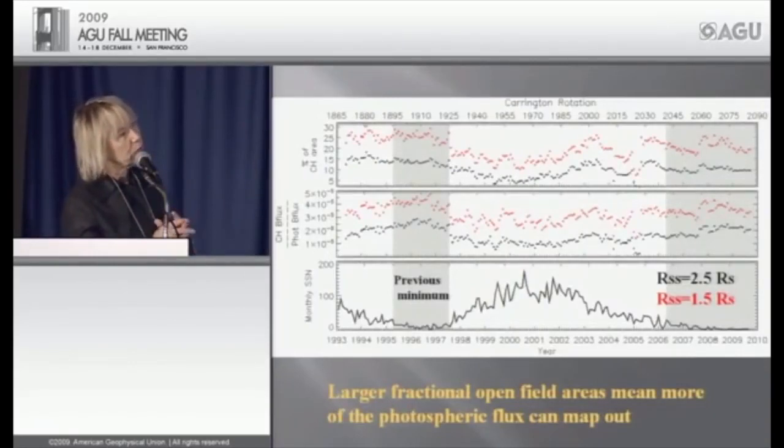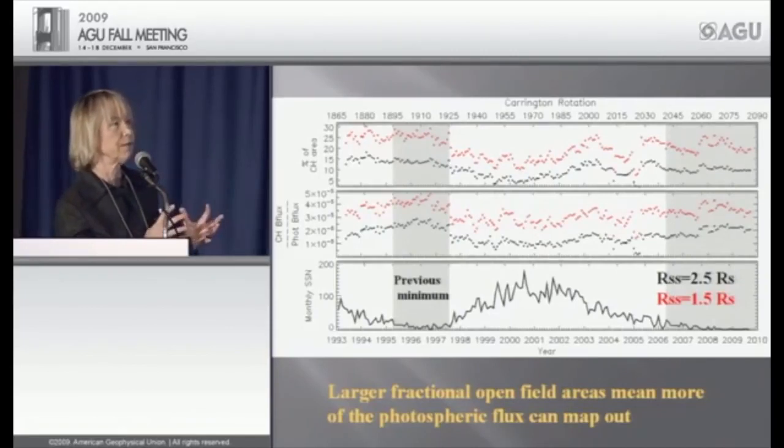In the end, when we compute over the last 2 solar minima what the percent of coronal hole area on the sun is using these 2 different source surface distances, the top curve shows the fraction of the global sun that is open based on the potential field model for the 2 source surface heights, the black being the larger source surface and the red being the smaller source surface.